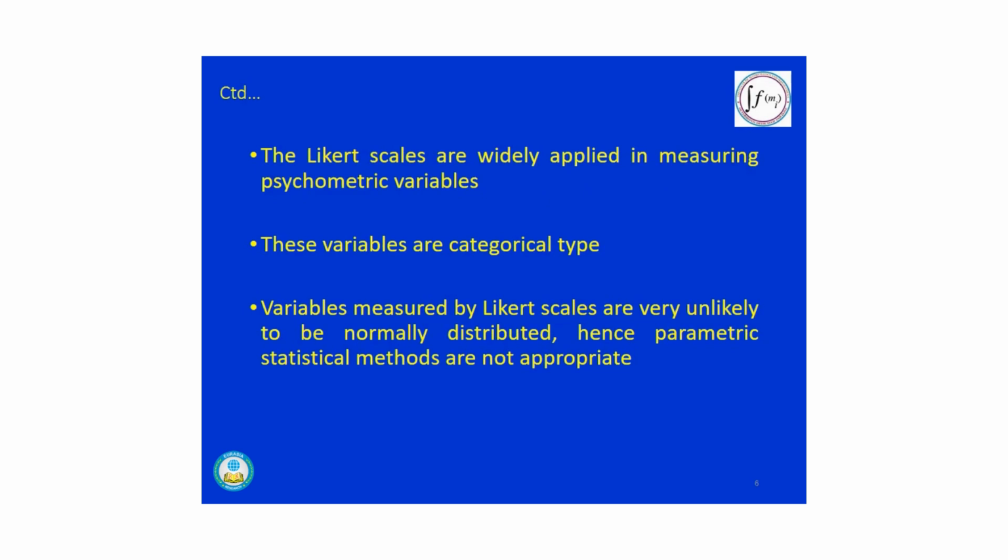Likert scales are widely applied in measuring these items to obtain the values for psychometric variables. Maybe it is a 3 scale or 5 scale or 7 scale, from strongly disagree to strongly agree. So the variables measured by Likert scale or any other kind of scale are categorical variables.